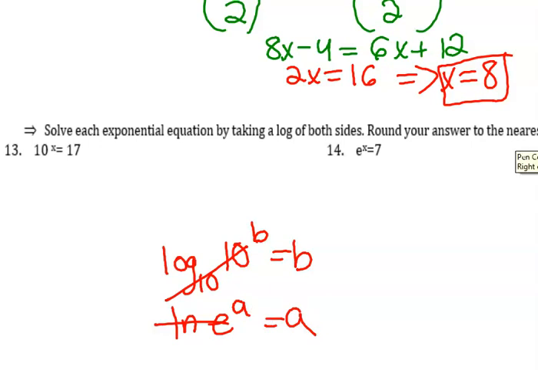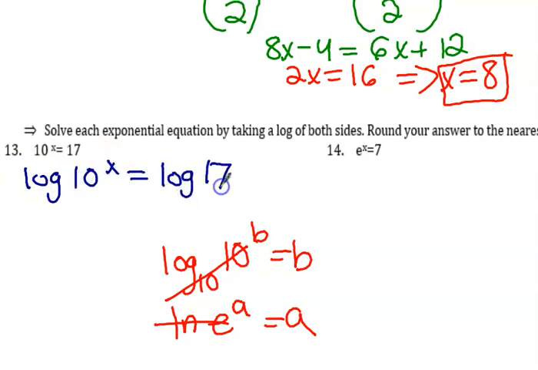So 10 and 17, I can't change either of these to make the same base. So therefore, I'm going to plug log into both of them like so. Okay, and if you notice on this side, log, there we go, we can cancel that out.